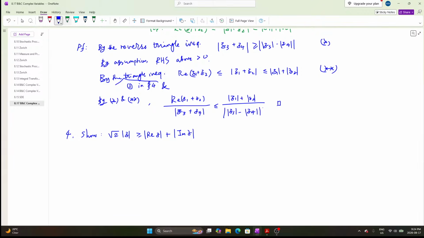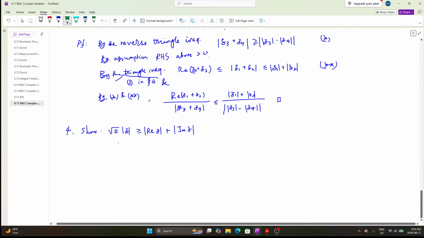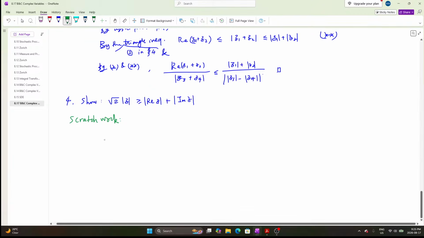First of all, let's think about the geometric meaning of this one. So this is scratch work, as always. For most inequality problems, we need scratch work because there's so little premise. You cannot follow the assumption easily and get to the conclusion. Here, implicitly, there's only one assumption, that z is a complex number. What do you do with that, right? So here, let's draw the picture.